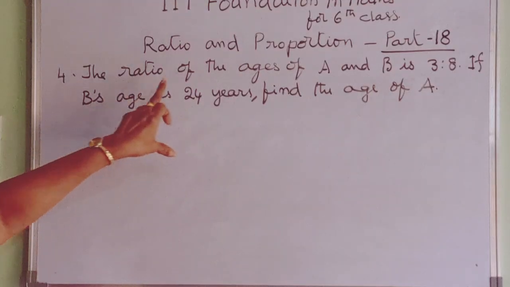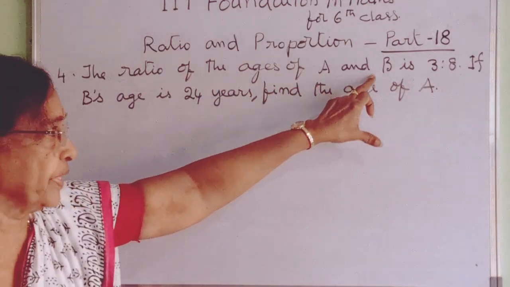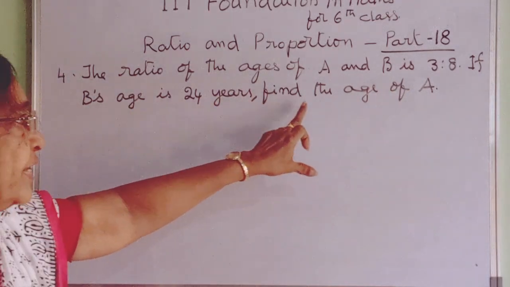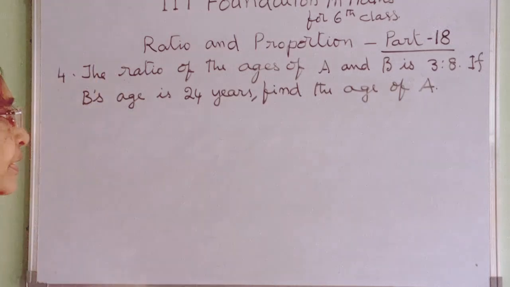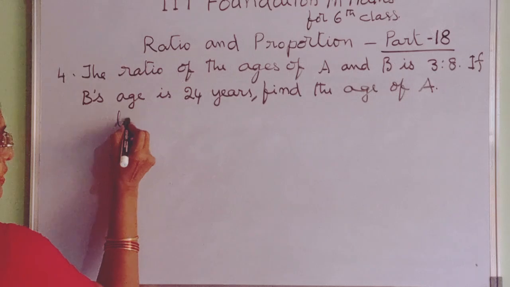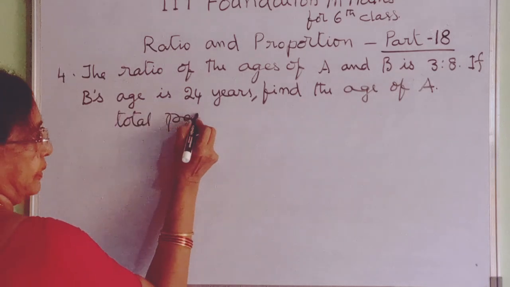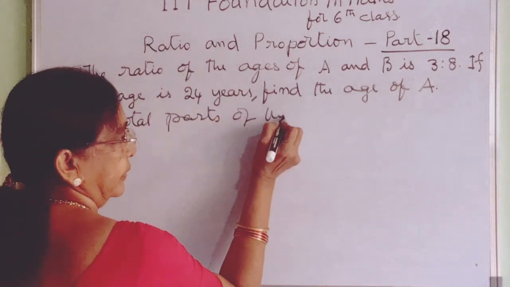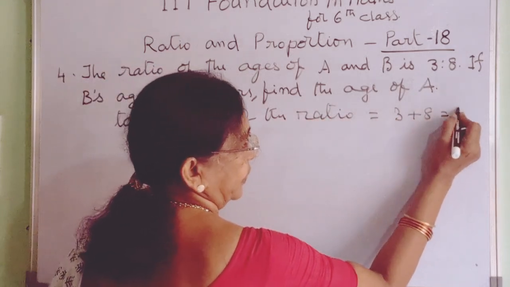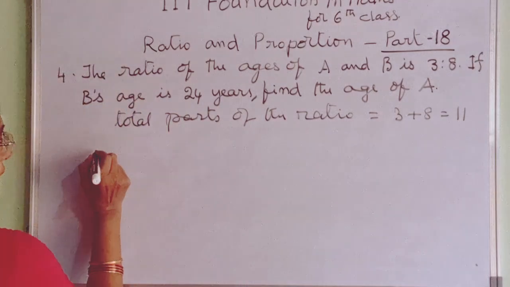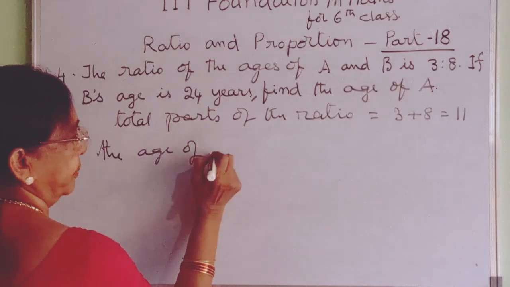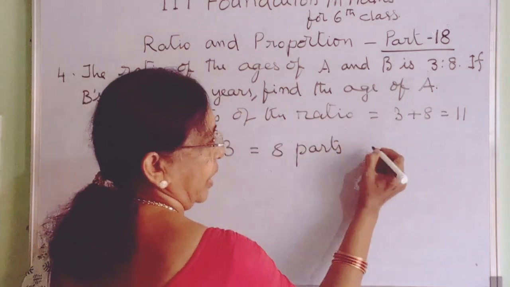Next, fourth problem. The ratio of the ages of A and B is 3:8. If B's age is 24 years, find the age of A. Here the ratio is 3:8. So total parts of the ratio is equal to 3 plus 8, which is 11.